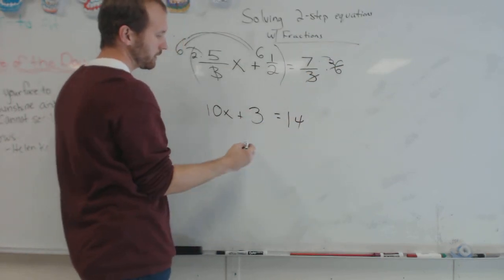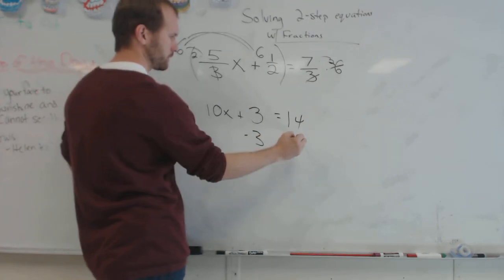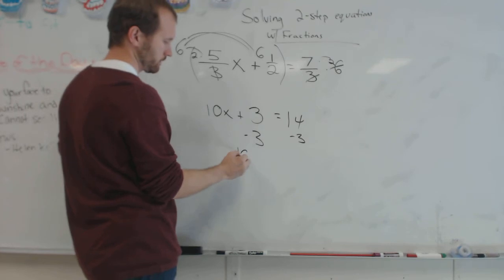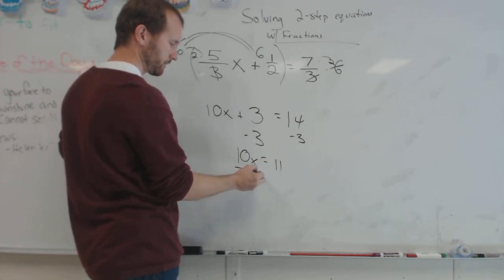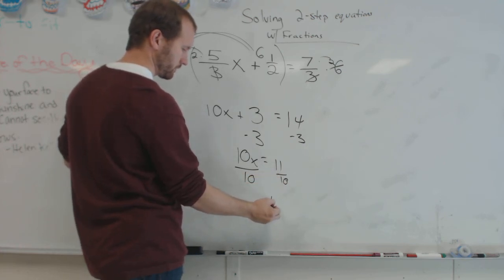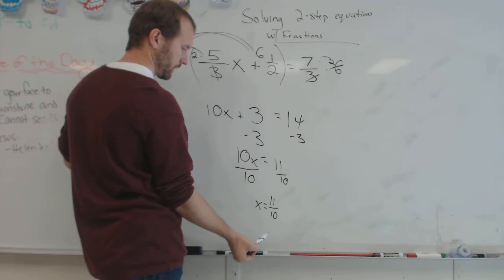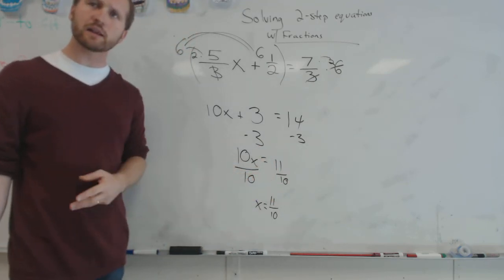Now you subtract 3, and then it'll be 10x equals 11. And then you divide by 10, and that would be 11 tenths. 11 divided by 10 is just 11 tenths.